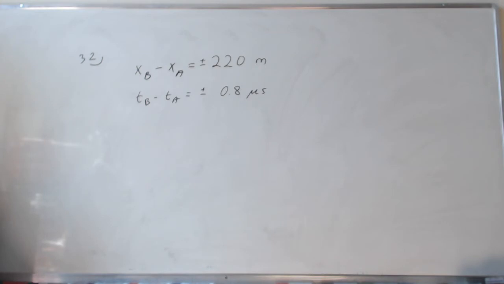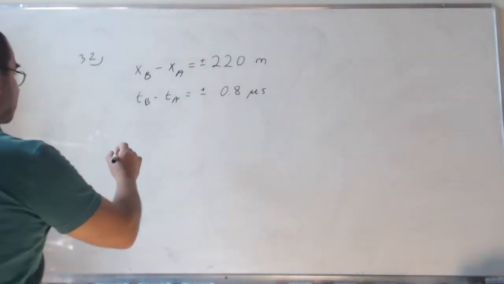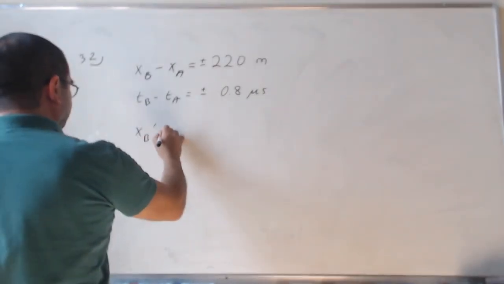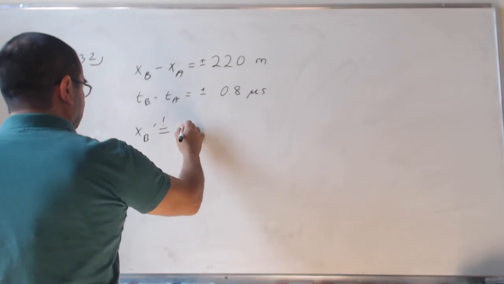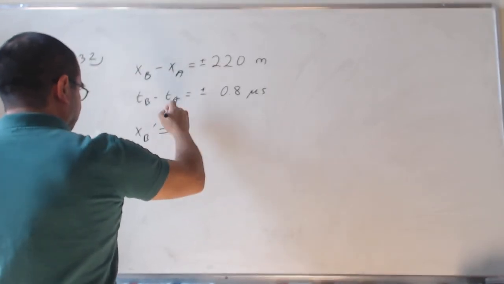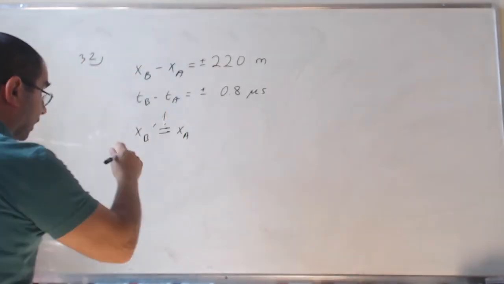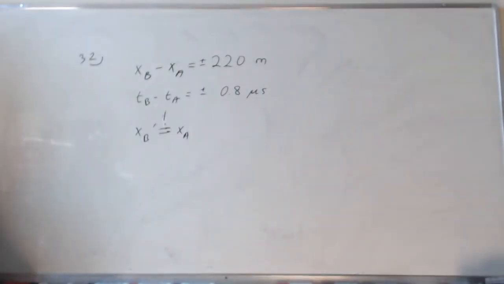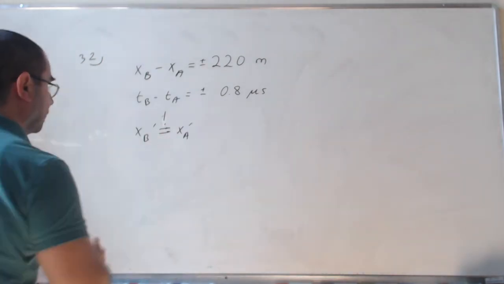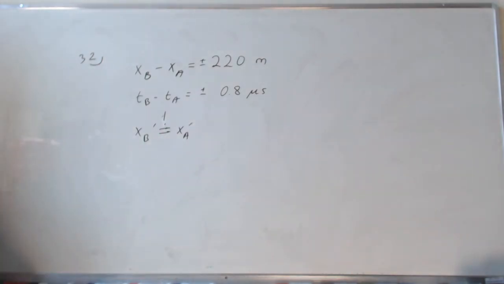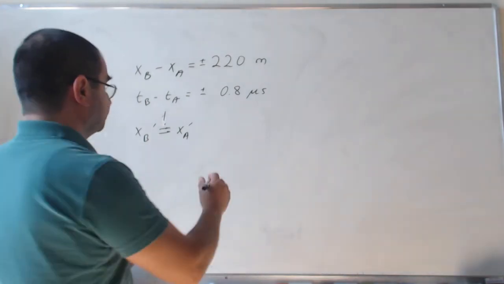So we want to detect these two events as occurring at the same location in space. So we want our xb prime to be equal to our xa prime. How do we proceed in this case? Just like the previous problem, I'm going to write expressions for xb prime and xa prime, set them equal to each other, and see what drops out.